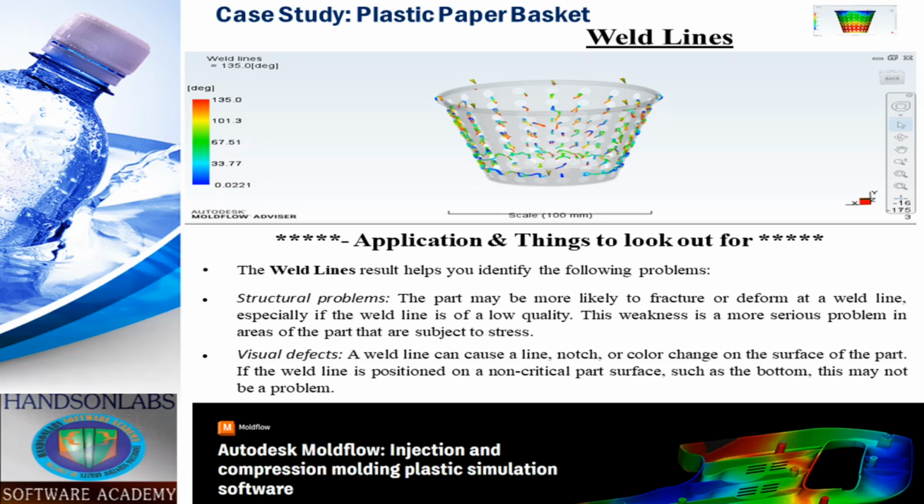Now, the other part that these weld lines could actually help to fix is visual defects. A weld line can cause a line, notch, or color change on the surface of the part. If the weld line is positioned on a non-critical part surface, such as the bottom, this may not be a problem.